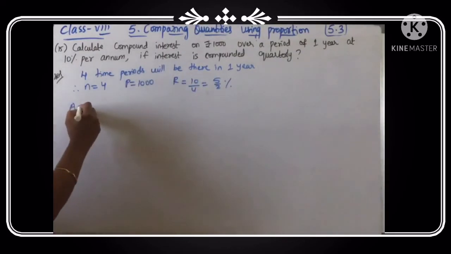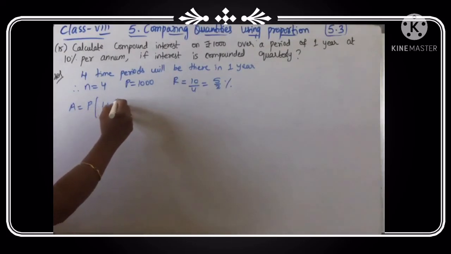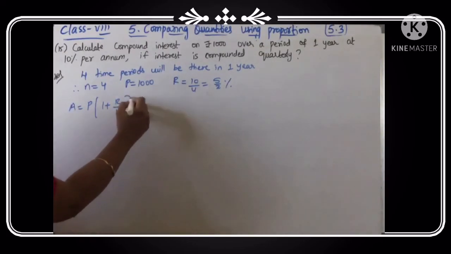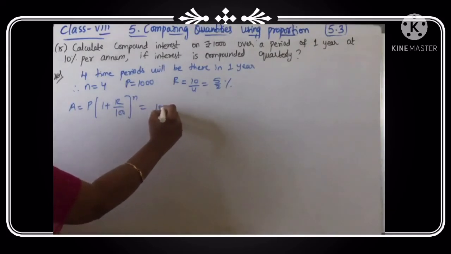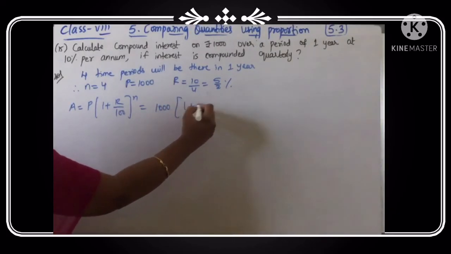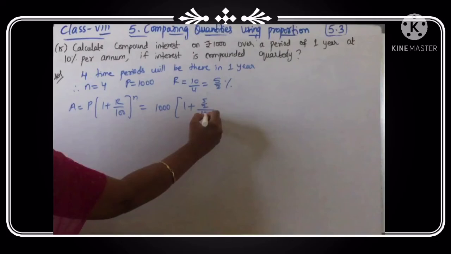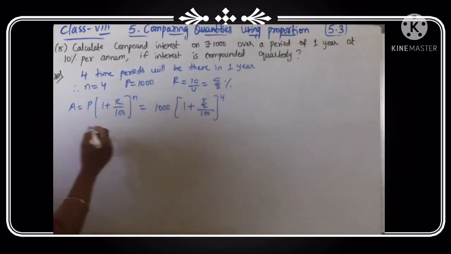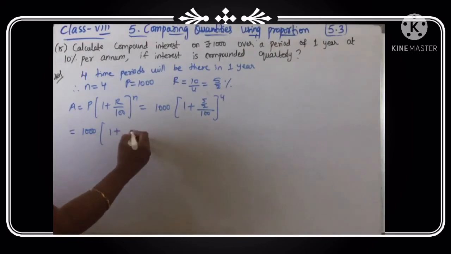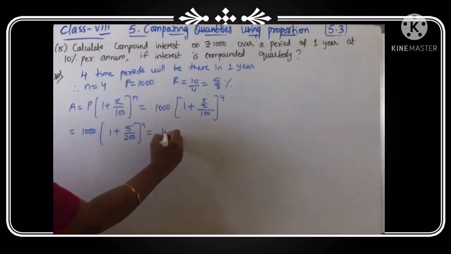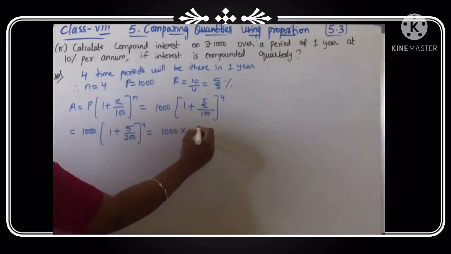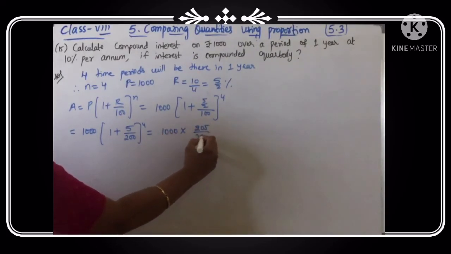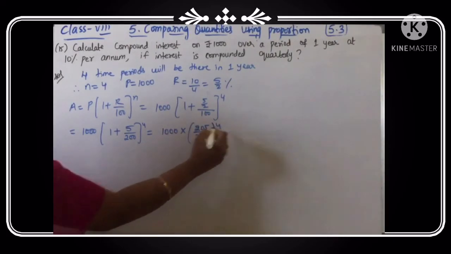So A is equal to P into 1 plus R by 100 whole to the power of n, that is 1000 into 1 plus 5 by 2 by 100 whole to the power of 4. So 1000 into 1 plus 5 by 200 whole to the power of 4. When you take LCM, 205 by 200 whole to the power of 4.